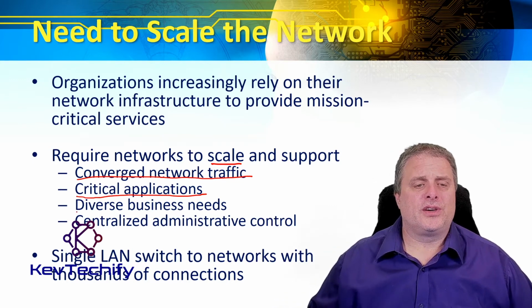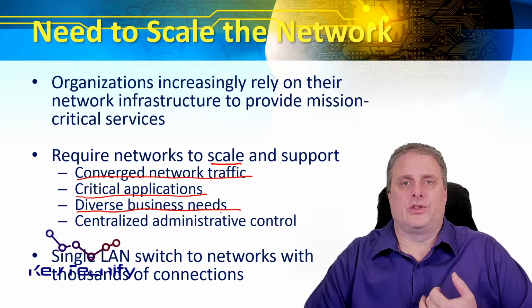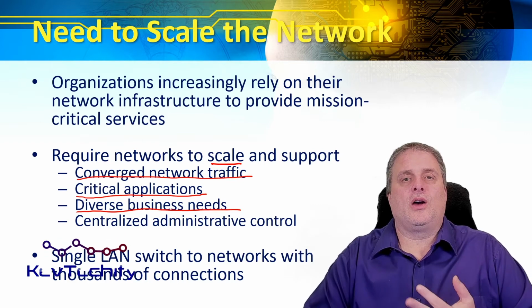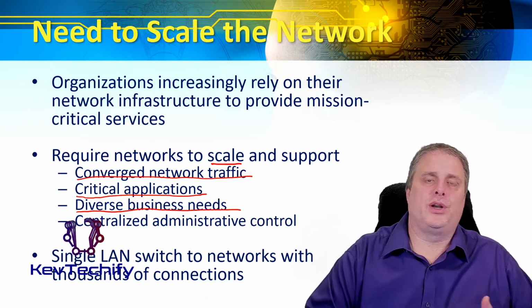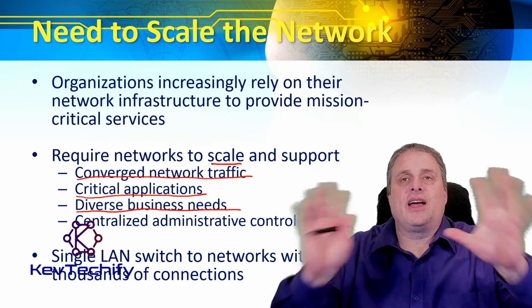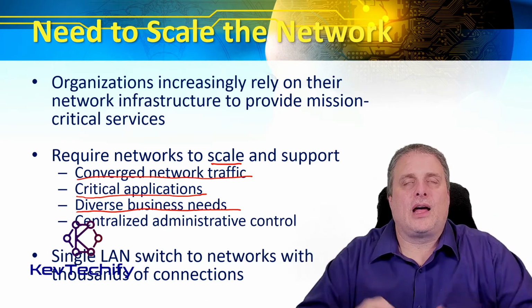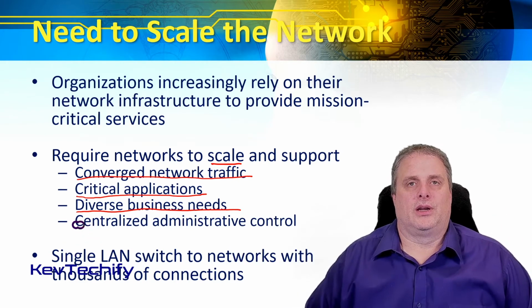We have diverse business needs that you need to support on your network. You have mobile users, you have people that are in the office. They have to use the printer, have to have access to different file shares. Very diverse business needs across the different users on your network to allow them to complete their job successfully.